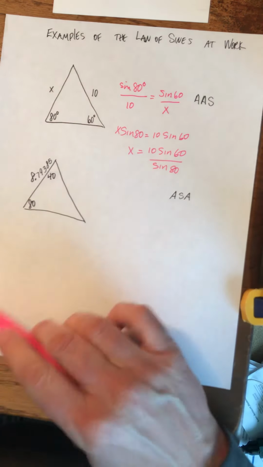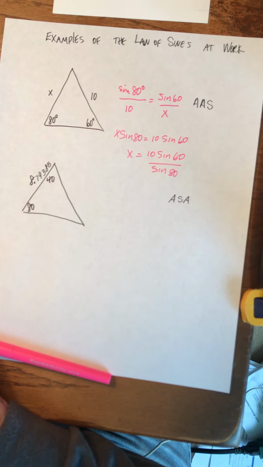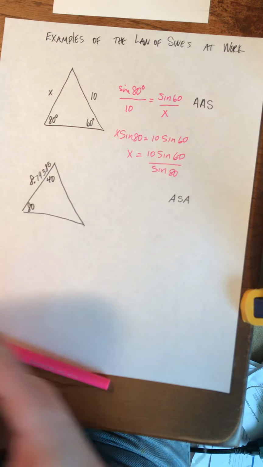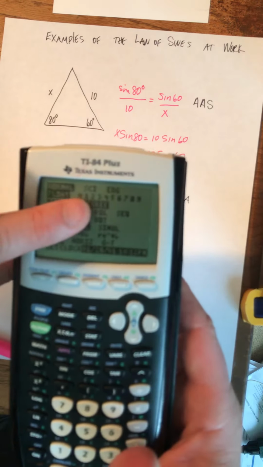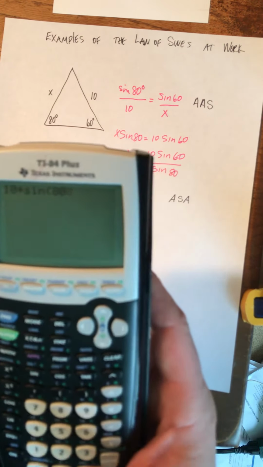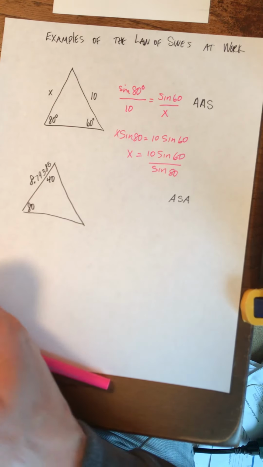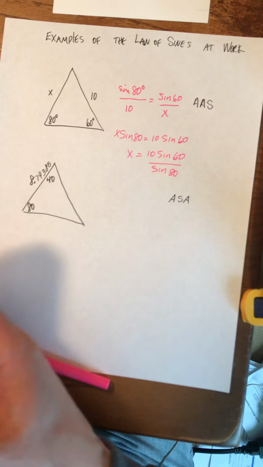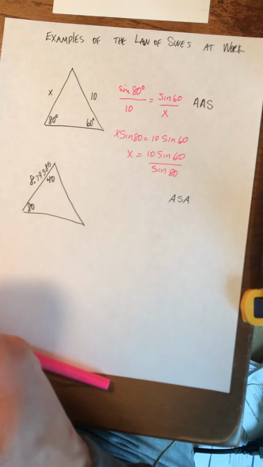And if we put that in our calculators, let's do it together and see what we get. We're going to get 10 times the sine. Oh, by the way, you have to change your mode. You have to hit mode and make sure degrees is highlighted since we're dealing with degrees now. So we have 10 times the sine of 60, and then I'm going to divide that by the sine of 80.